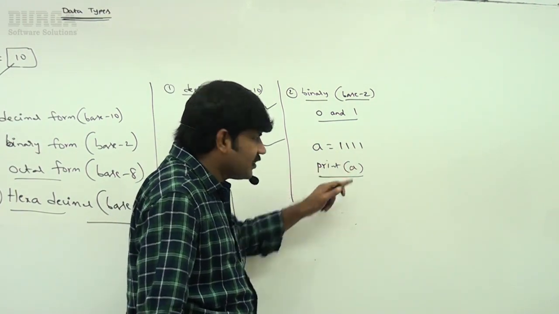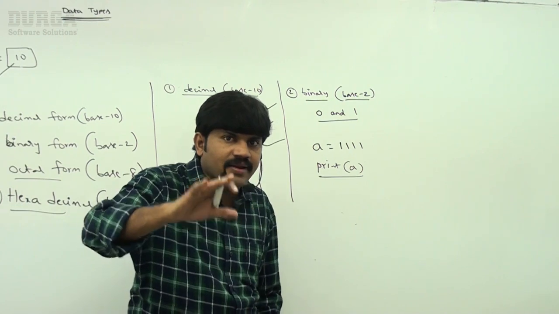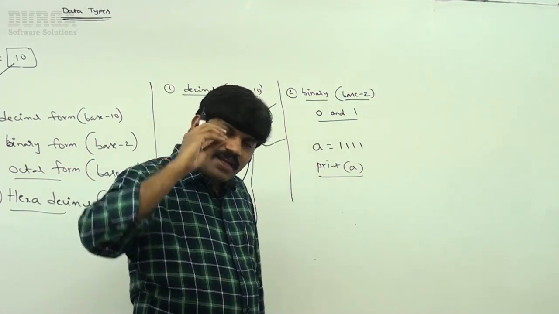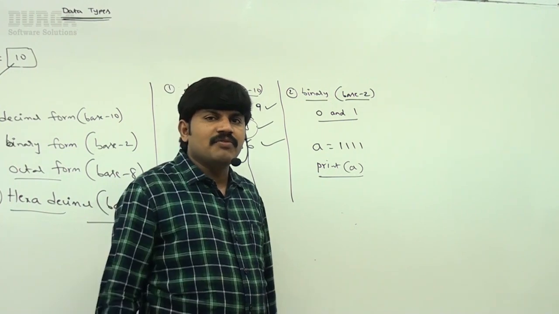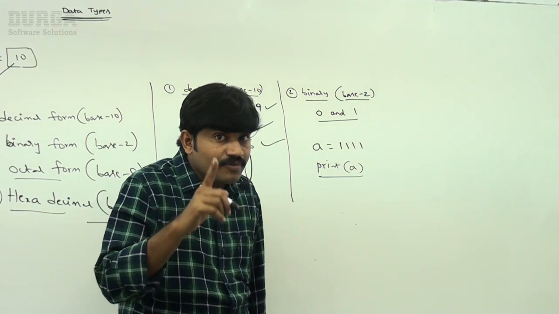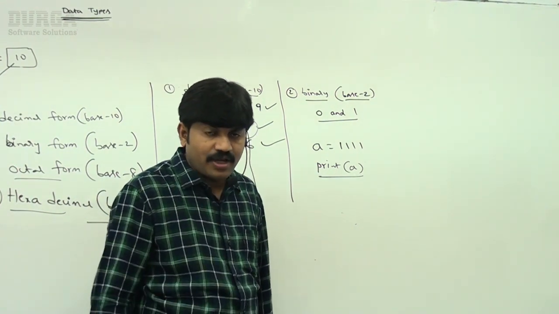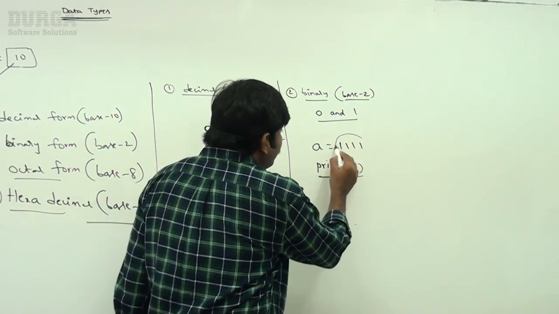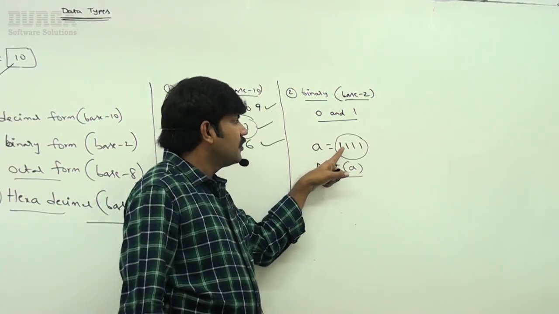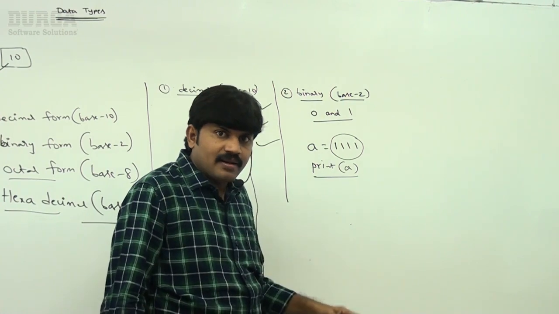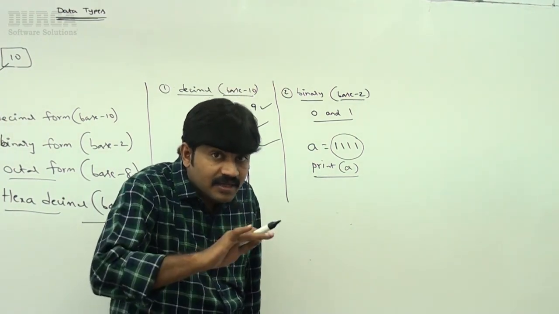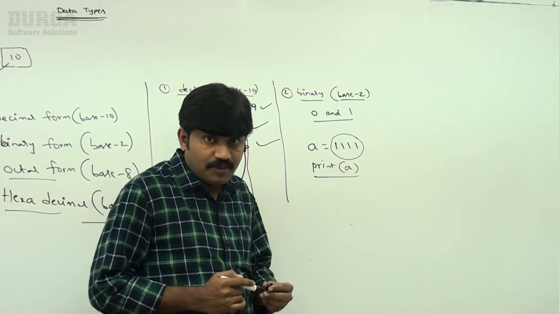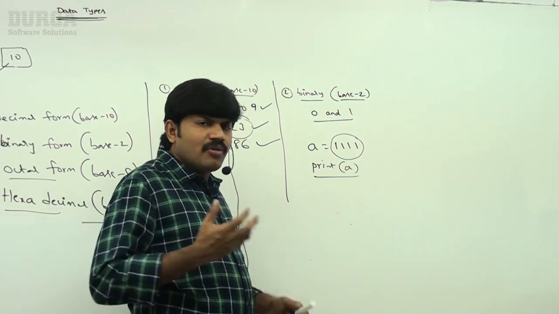If I write it like this, it is not treated as a binary number. By default, every number is considered decimal only, not binary. The default number system is base 10. That's why its value is considered as 1111, it never considers it as binary value 1111. Remember this.